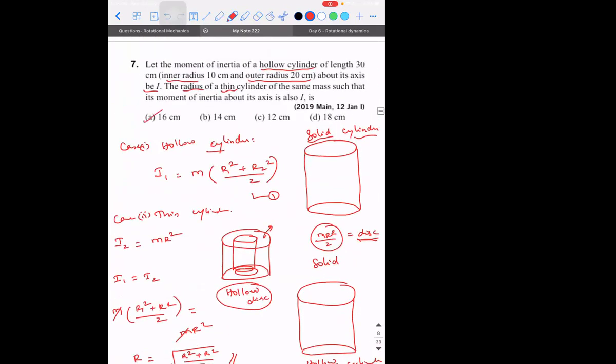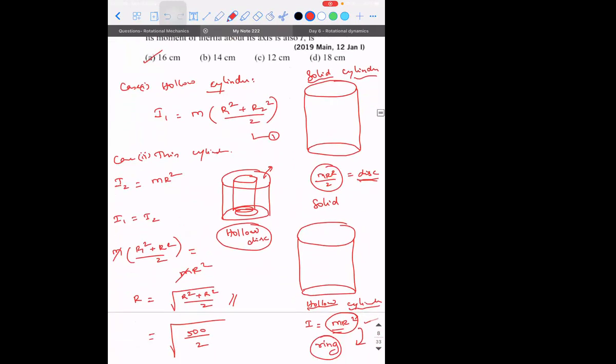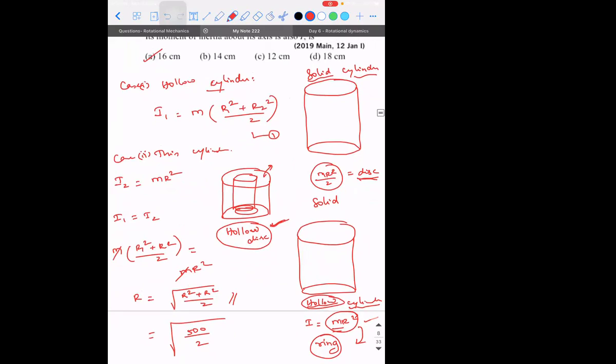Let me know if there is any doubt. Did you guys understand what I meant by hollow cylinder and a hollow disk here? Why didn't I use the formula MR square? Rather, I used it as M into r1 square plus r2 square by 2. Yes, sir. Good.